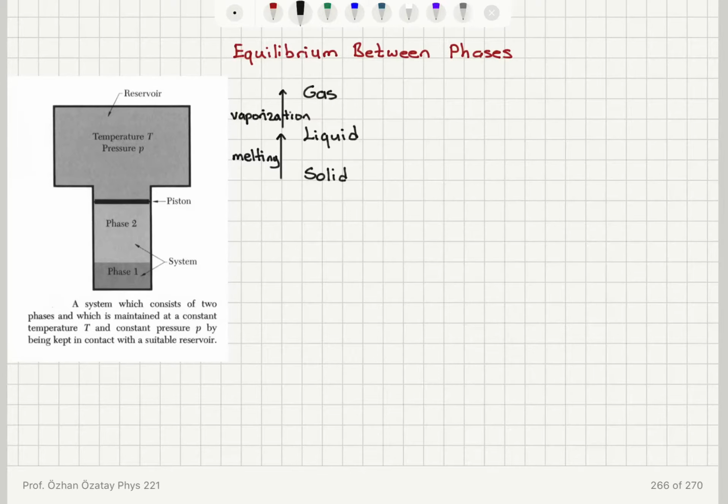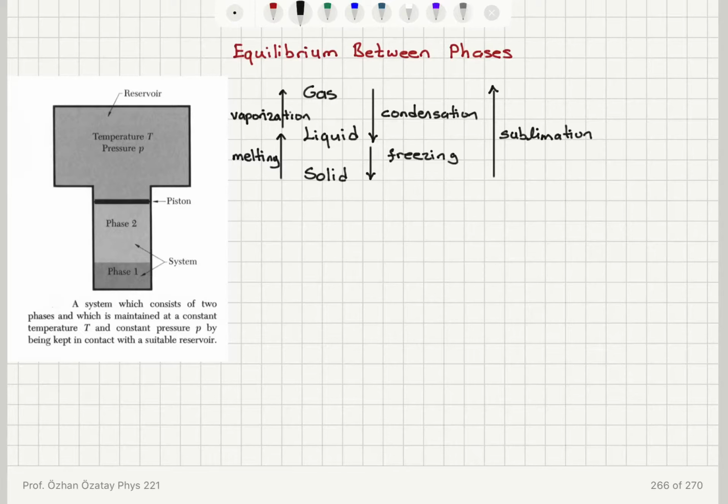If, on the other hand, the gas phase is transforming into liquid, we have condensation. The liquid phase forming a solid phase, liquid to solid transformation, is called freezing. And similarly, we can have a direct transformation from a solid to a gas, that's called sublimation.